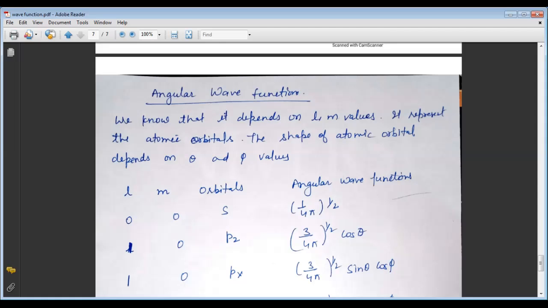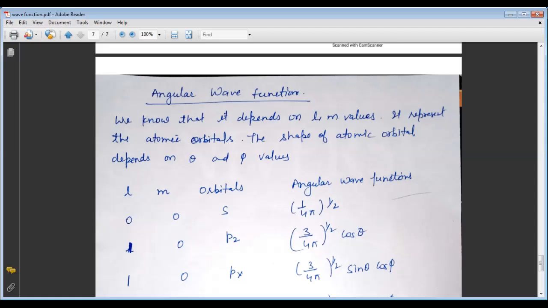The wave function psi for electrons in atoms is called the atomic orbital, and the shape of an atomic orbital is mainly determined by l and m, and is independent of n.